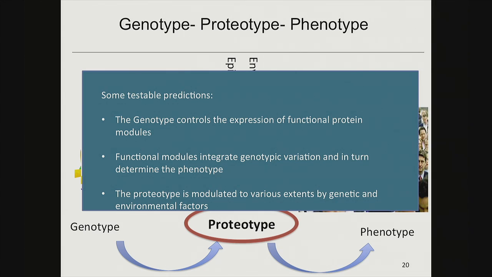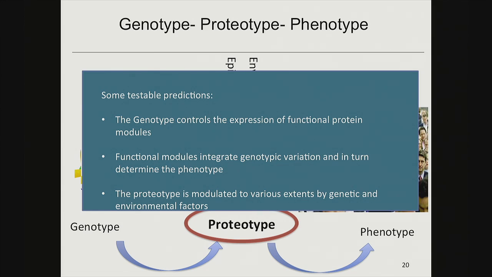And the third prediction is that the proteotype is modulated to various extents by genetic and environmental factors. So it is not a direct run from the genome, which is somehow hardwired into the proteome, into a phenotype, but this proteotype is modulated. So these are three very important points.